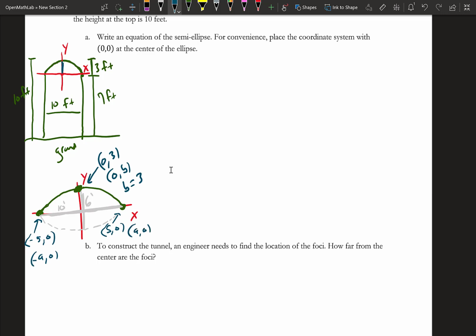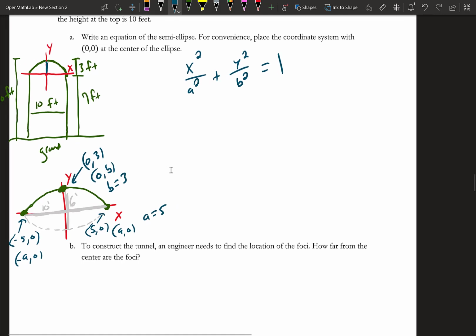So in other words, that tells me a has to be equal to 5, right? So now I can start to build this equation, right? We could have x squared over a squared plus y squared over b squared equals 1, right? That's the generic formula. So then if I plug my values in for a and b, we get x squared over 5 squared plus y squared over 3 squared equals 1.